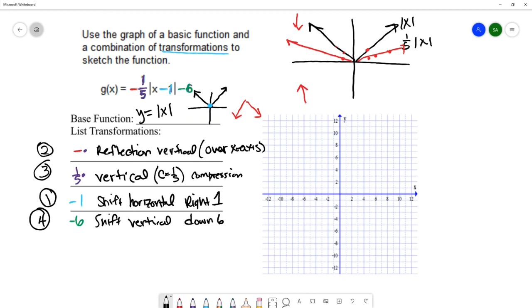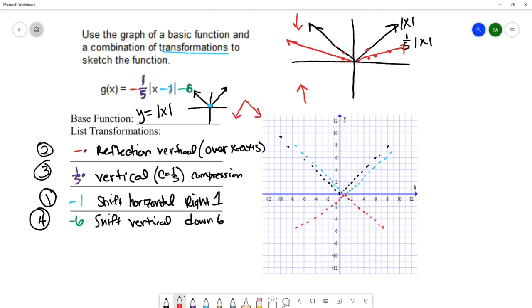If we shift horizontally to the right, our graph starts off looking like this. And if we shift to the right 1 unit, then the graph looks like this. And then if we reflect, the graph will look like this. And then we'll do our compression.